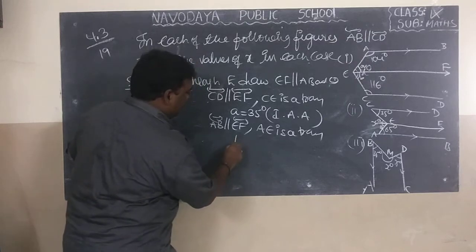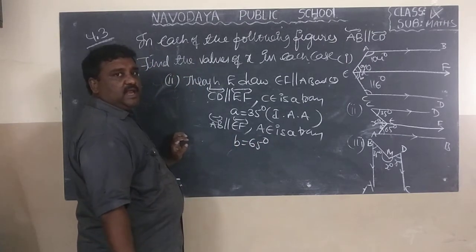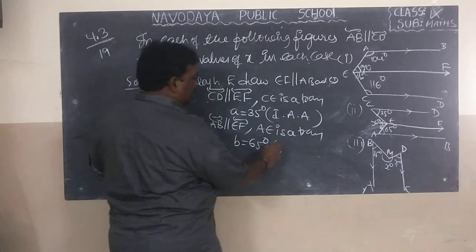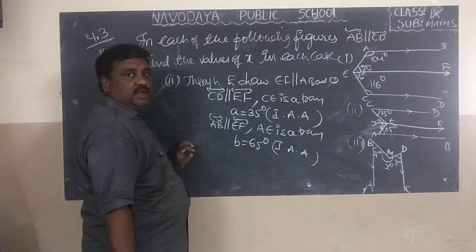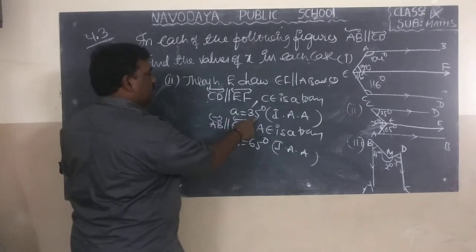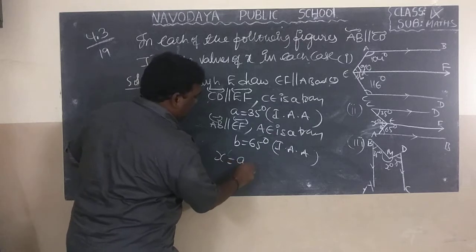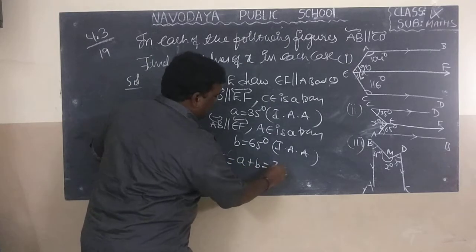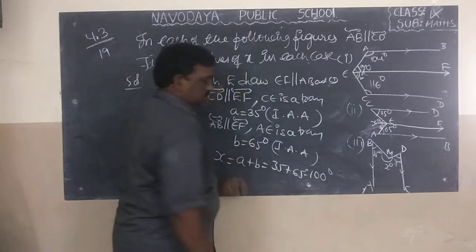Then what is small b? Again it is 65, interior alternate angles. Small a is 35, small b is 65. X equal to small a plus small b, 35 plus 65, that is 100. This is the second part.